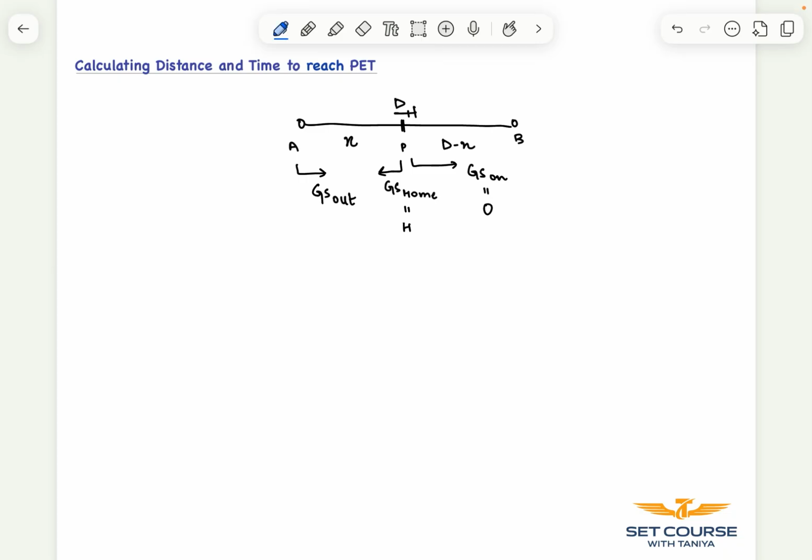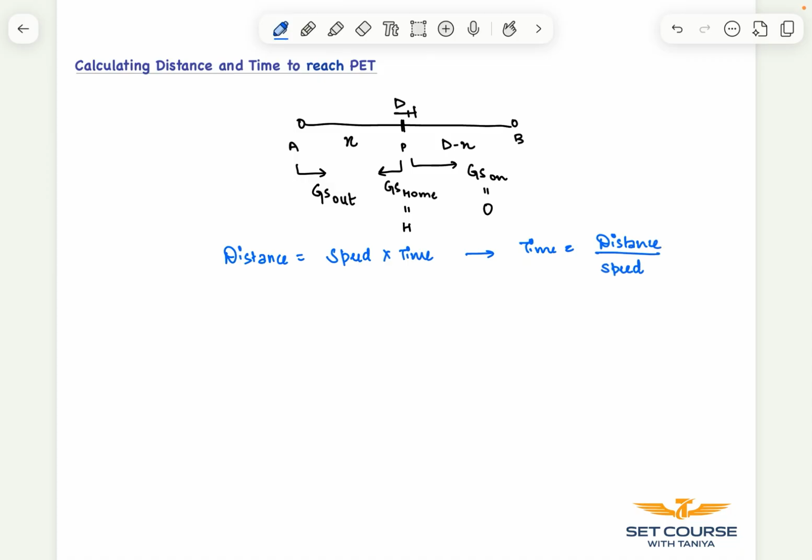Now we are aware of the fact that distance equals speed into time, from which time equals distance by speed.